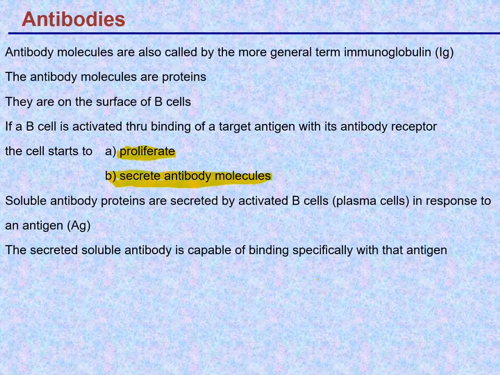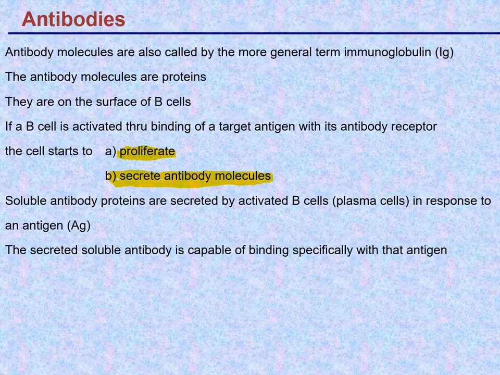The antibody molecules are no longer just on the surface of the cell, but they're actually being secreted as soluble antibody molecules that can go throughout the body and the plasma, and sometimes they're secreted out onto mucosal epithelial surfaces. It depends on, only certain types can be secreted.